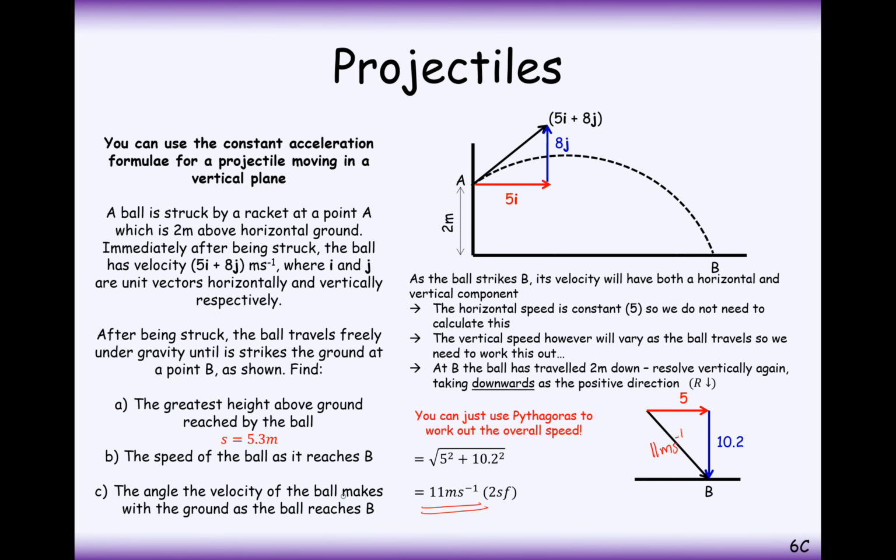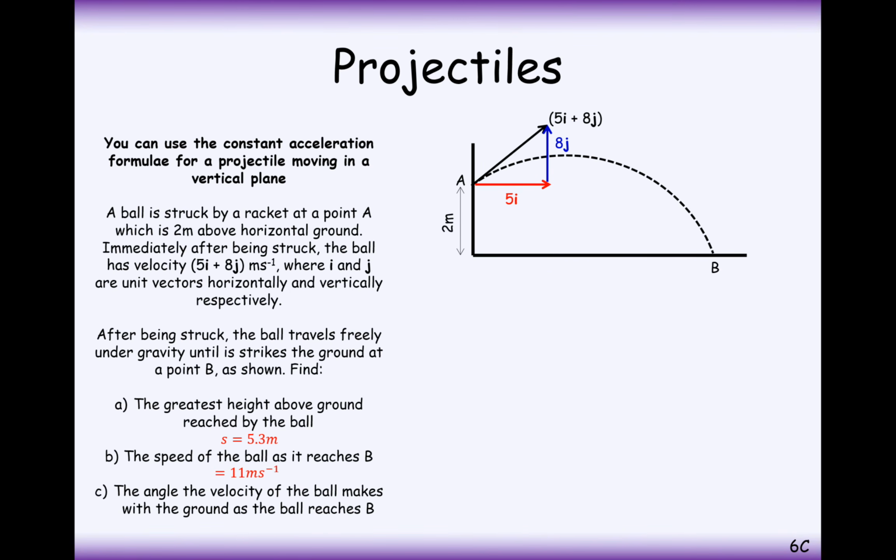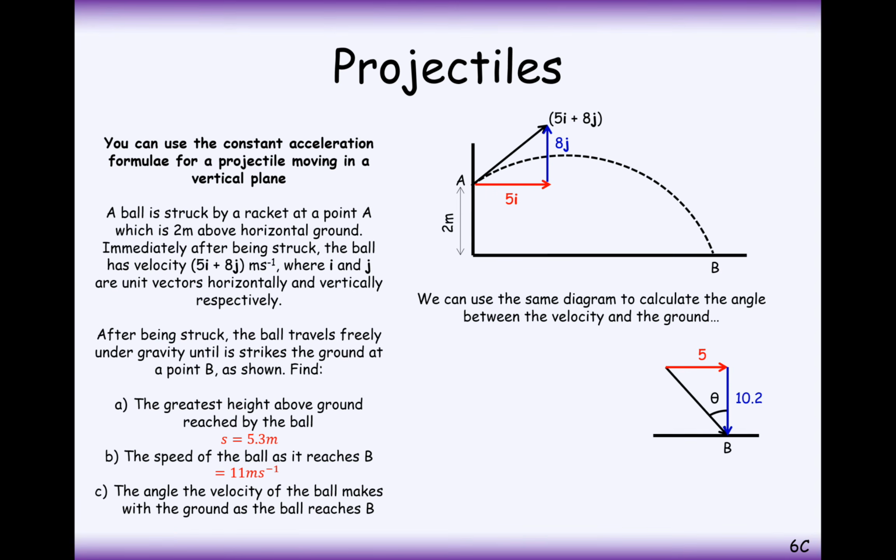We also need to know the angle the ball makes between the ground and the ball's projection. So we can now use a bit of a tan calculation to work that out as well. We're interested in the angle that the velocity of the ball makes with the ground.